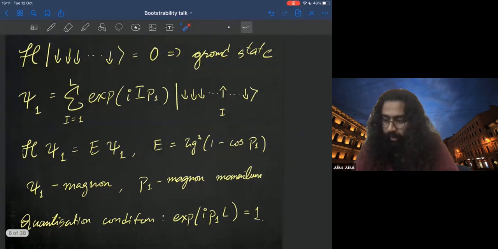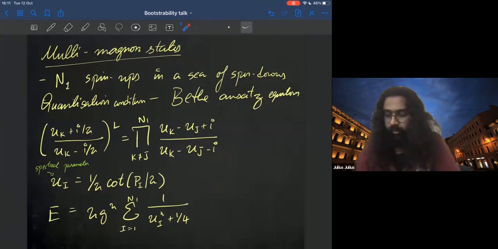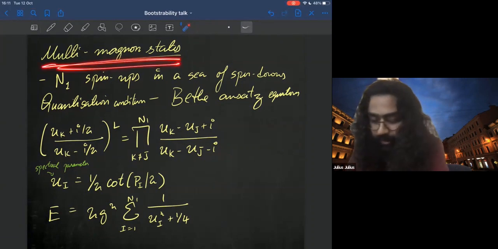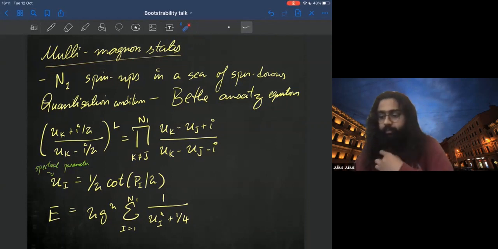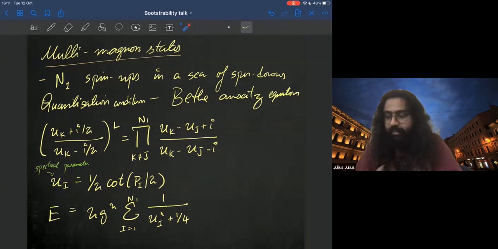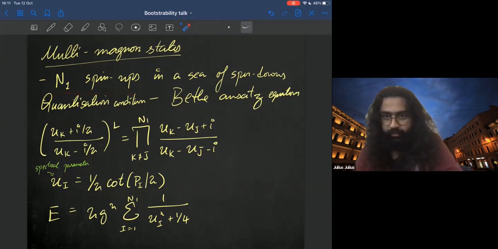Okay. So in general, states are represented by multi-magnon states. If you want to create a map between single trace operators and multi-magnon states, these states in general are n1 spin-ups in a sea of spin-downs.